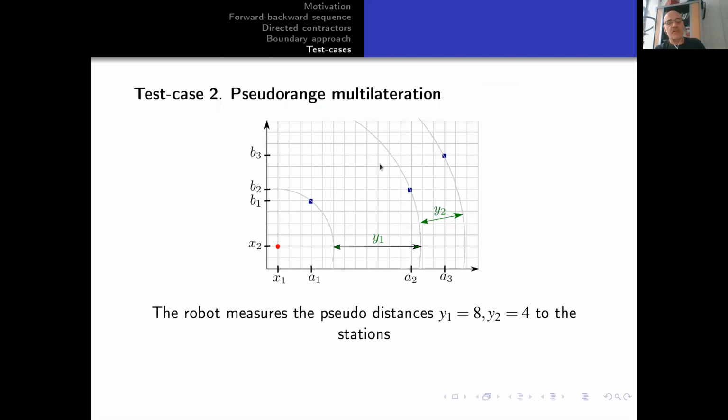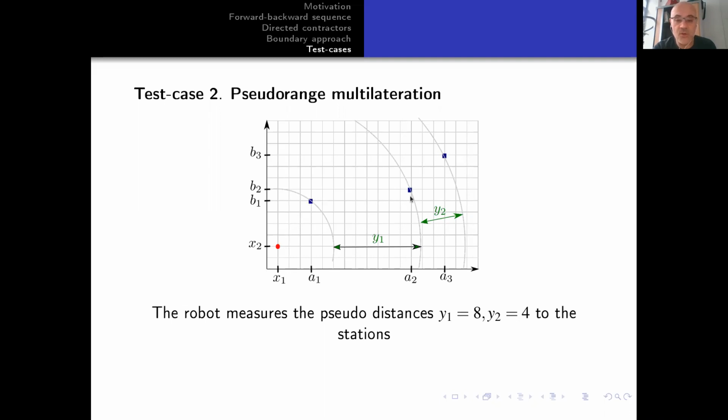Okay. So now let me also give you another example. I have here a robot, which is at point x1, x2. And I have some stations, so 1, 2, and 3. And when we deal with pseudo-range multilateration, it means that we do not measure the distance between the station and x1, x2 because the propagation time and the clocks are not synchronized.